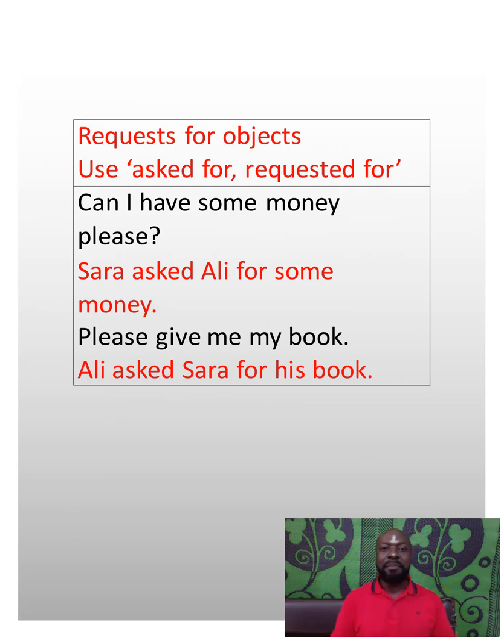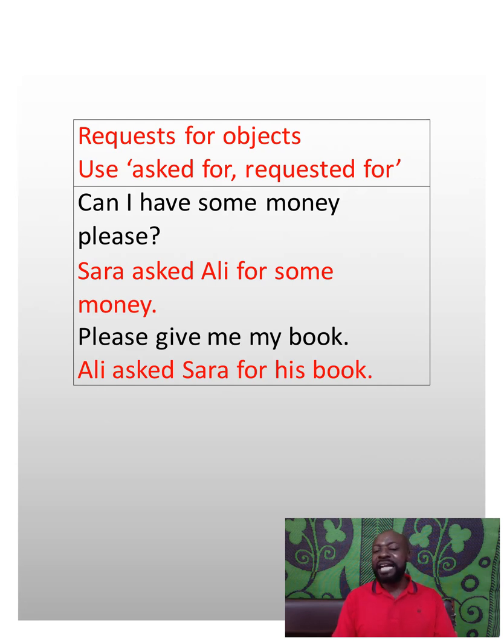Please give me my book. Ali asked Sarah for his book. Yes, we have a verb. We can use both for and to. Ali politely asked Sarah for his book.